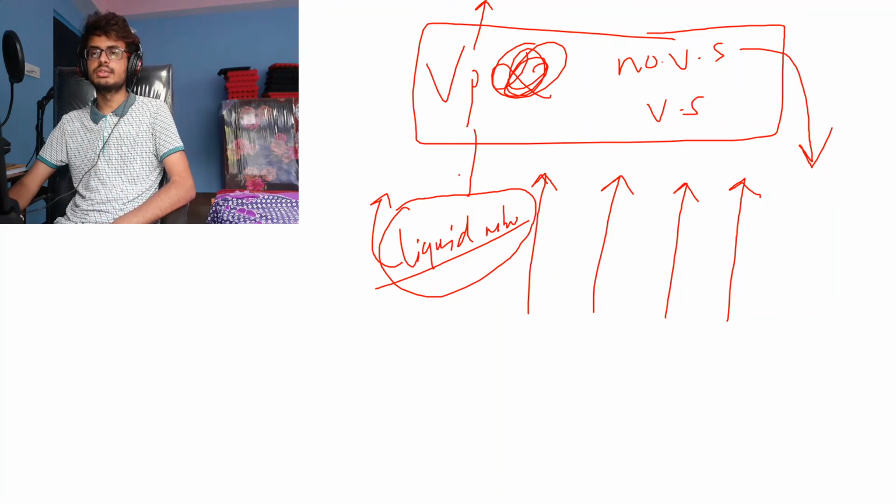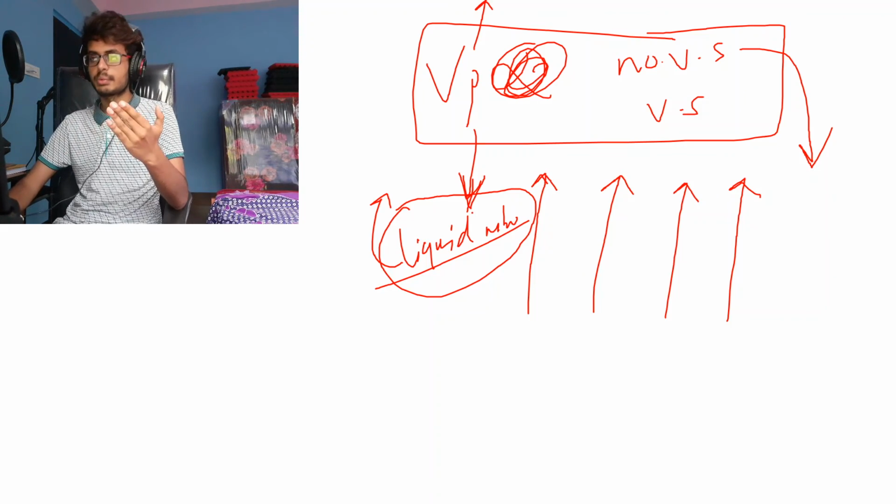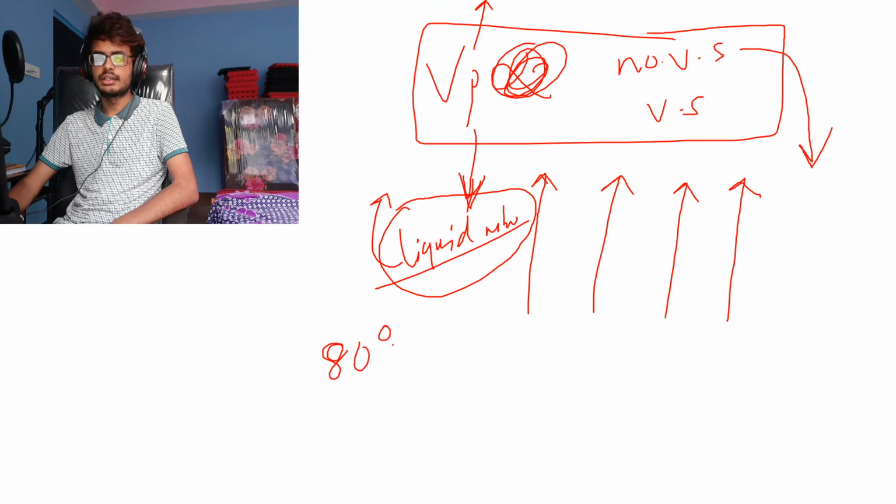So you should make the connection that the more vapor of a liquid in the atmosphere, the more the vapor pressure of the liquid. So will the vapor pressure of water at 80 degrees Celsius be greater than or less than water at 120 degrees Celsius?